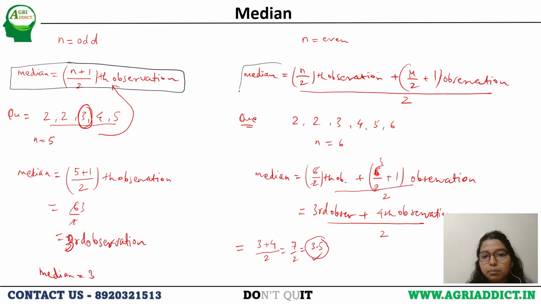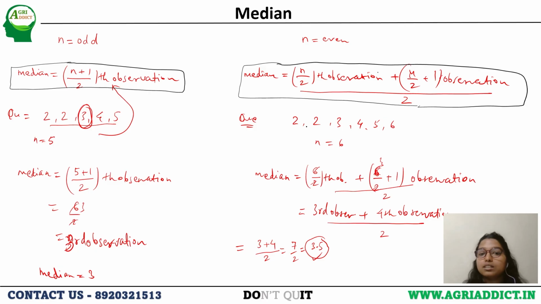If you are not remembering the formula, I am going to tell you the shortcut. You have to arrange the data series. Here, if we are having 5, 7, or 9 values, then we can easily arrange it, and we can say that this value is dividing the data into two equal halves. So we can directly say that 3 will be the median.